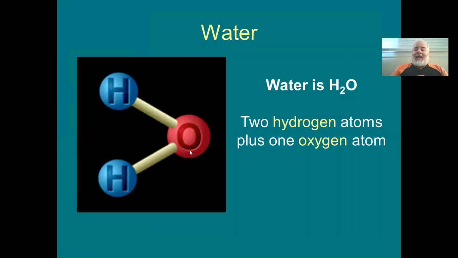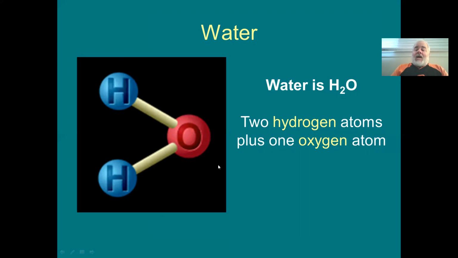The oxygen has 8 protons in the nucleus. So there's a total of 10 protons in this entire water molecule, and a water molecule that has all its electrons would have 10 electrons orbiting it. 10 protons, 8 on the oxygen, 1 on each hydrogen, with 10 electrons orbiting.